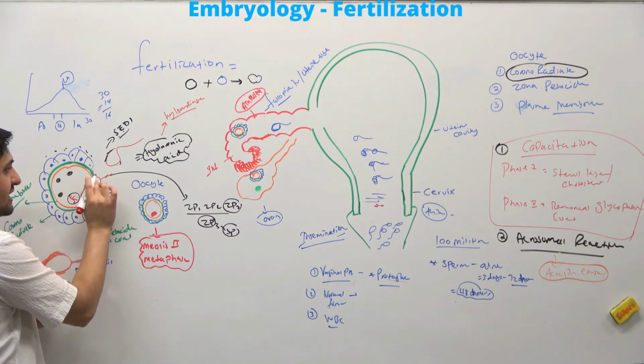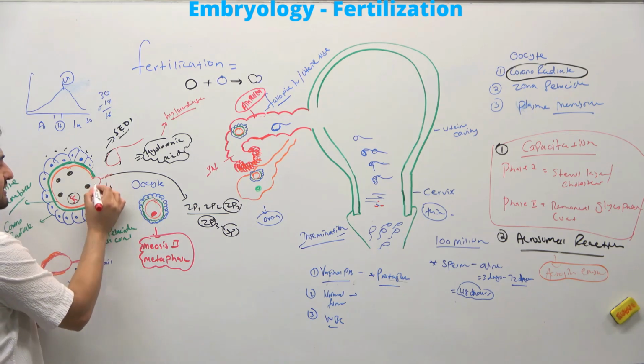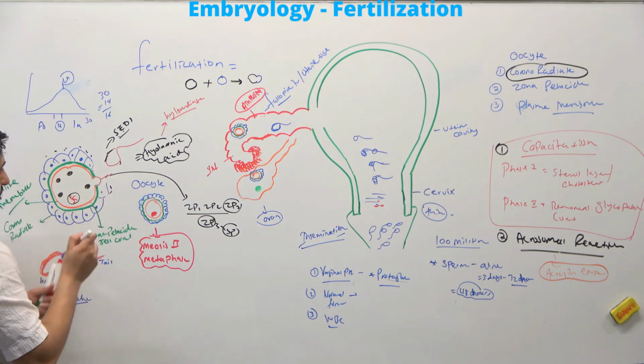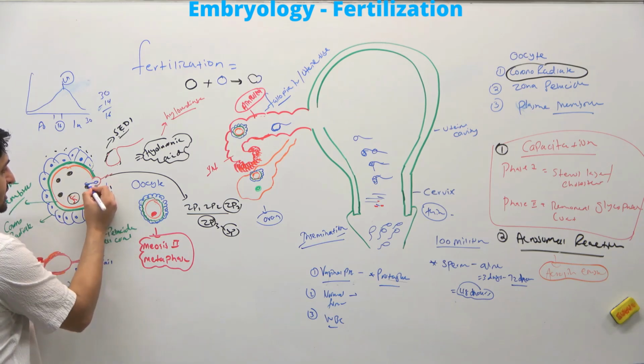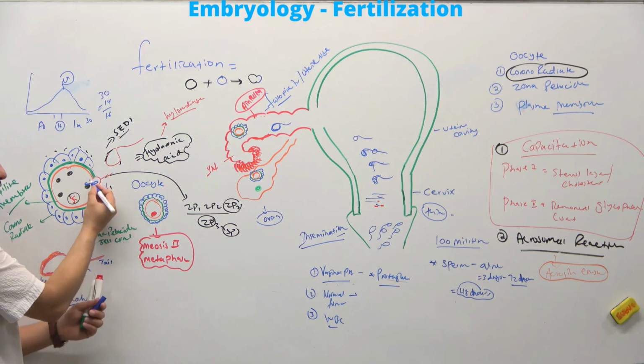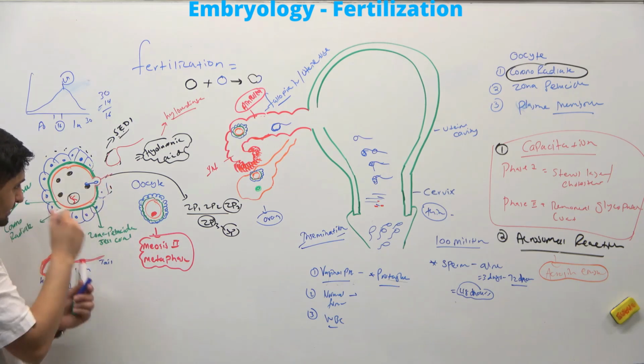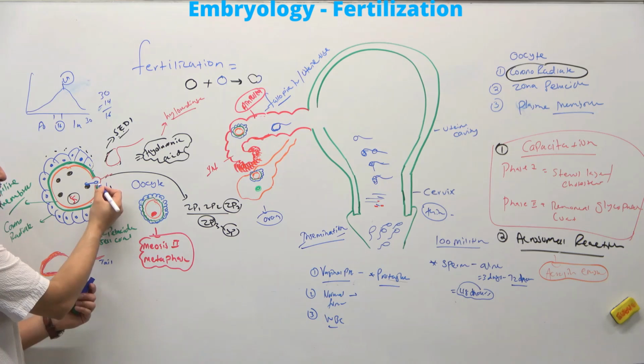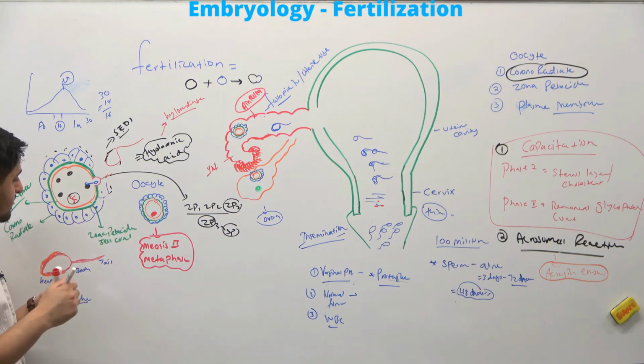The sperm head melts away, and you only have this nucleus, which the egg takes inside, usually through an endocytic process.